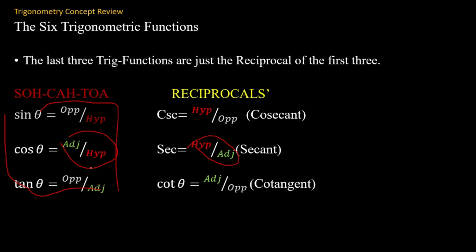Now, one thing we can easily identify is that we need to know their correspondence. You see that this is sine, cosine, cosecant. Are you getting that? Sine goes with cosecant, as its reciprocal. Tan goes with cotangent.